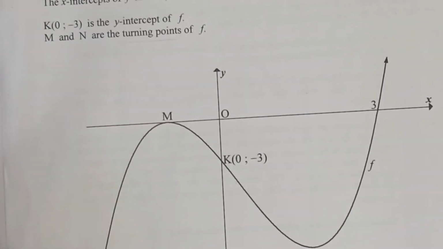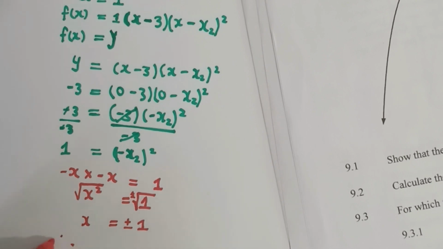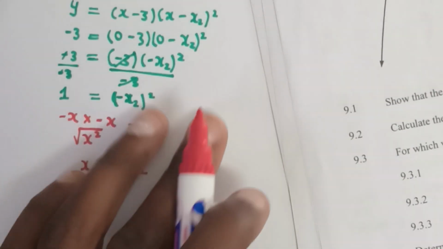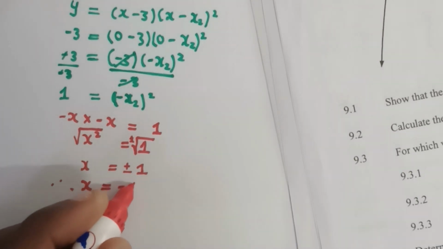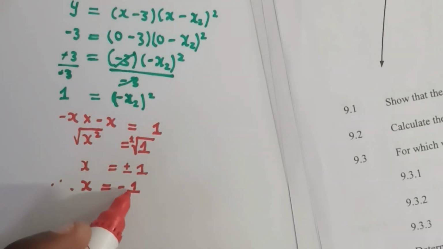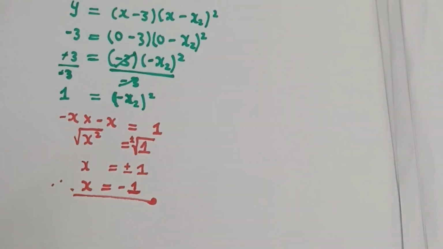So when they are less than 0, it means that it's negative. So therefore our x here is equal to negative 1.